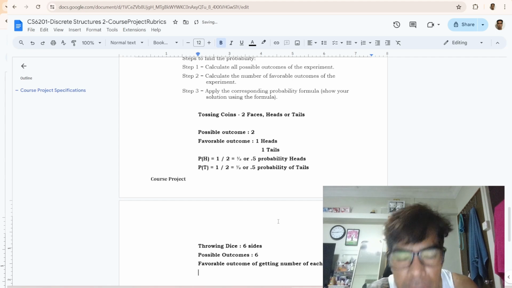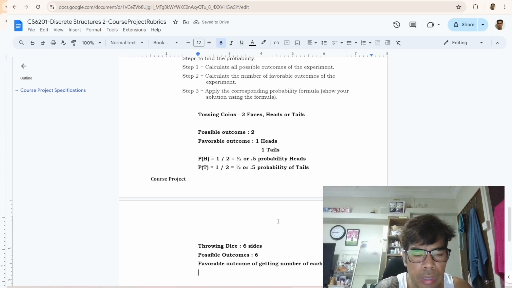Based on our probability formula, it is the favorable outcome versus the possible outcome.